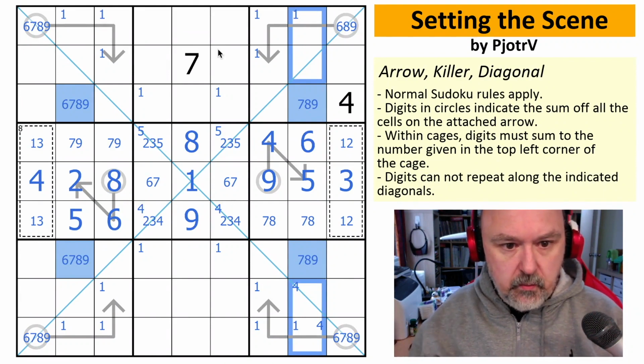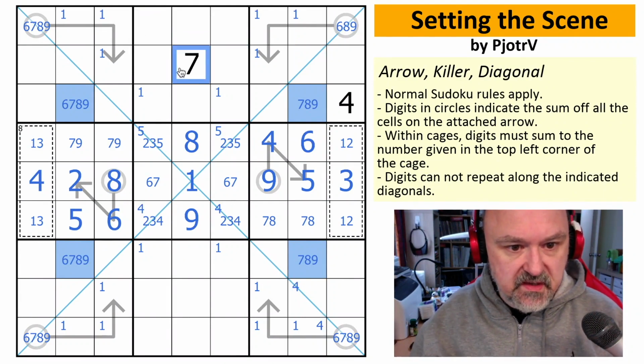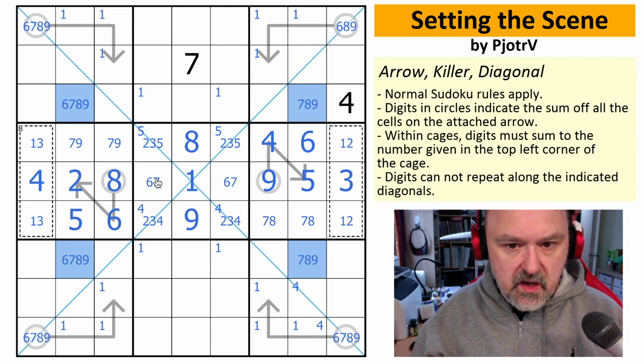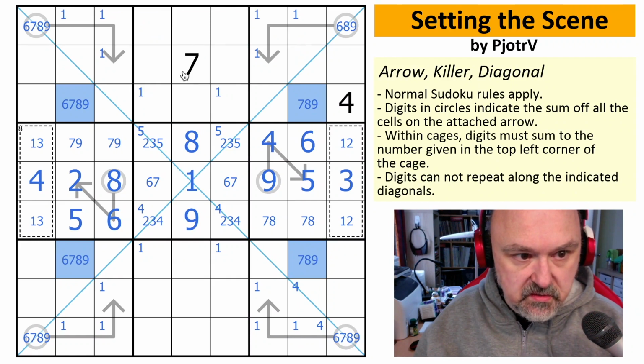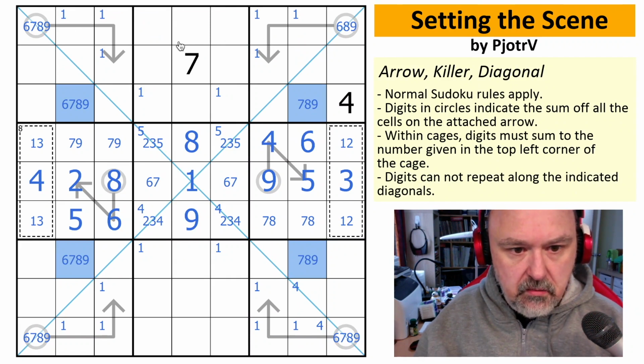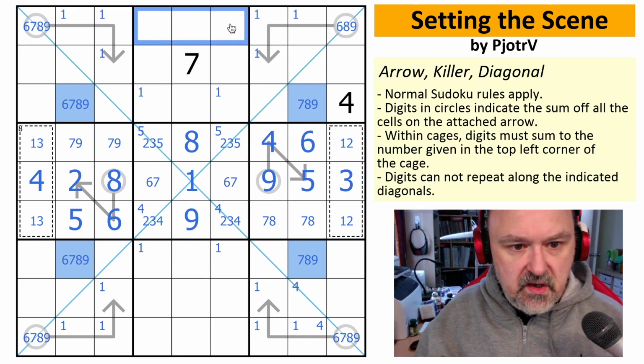So, where were we? I believe I'd just been looking at sevens, and we can't put sevens on arrows. So, in row 1, we can't put 7 here.